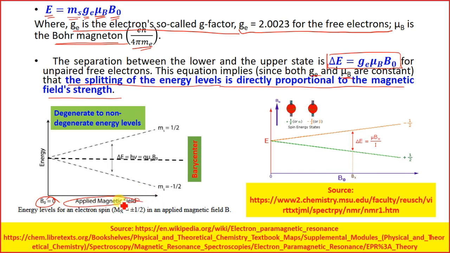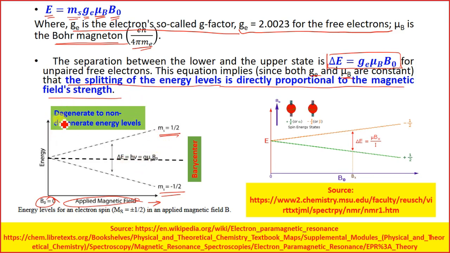You have the applied magnetic field, and then you have the energy difference at B equals 0. Both types of electrons are present over here. And then as you start increasing the magnetic field, the energy difference between these two states, ms plus half and ms minus half, increases.